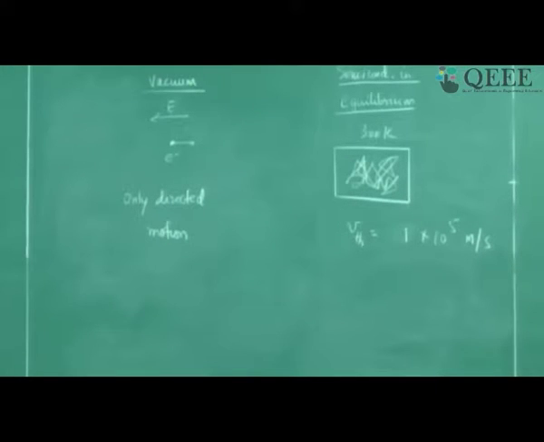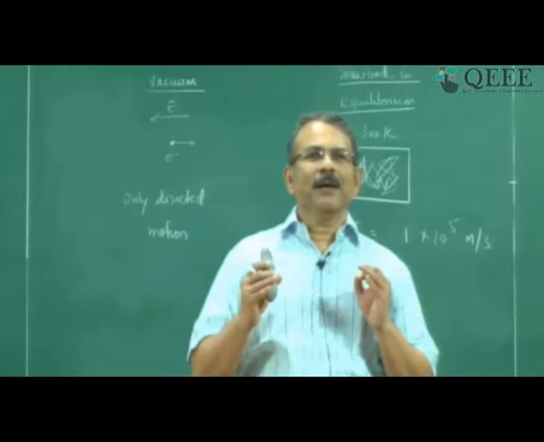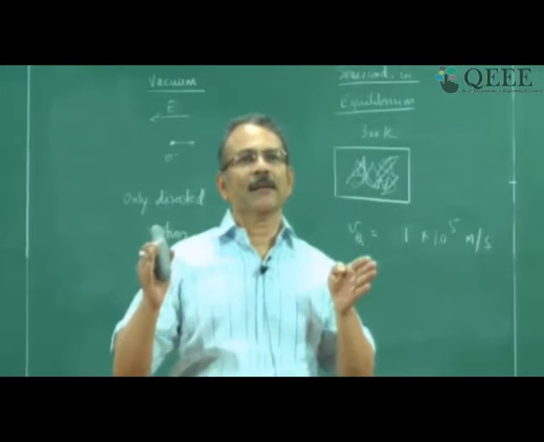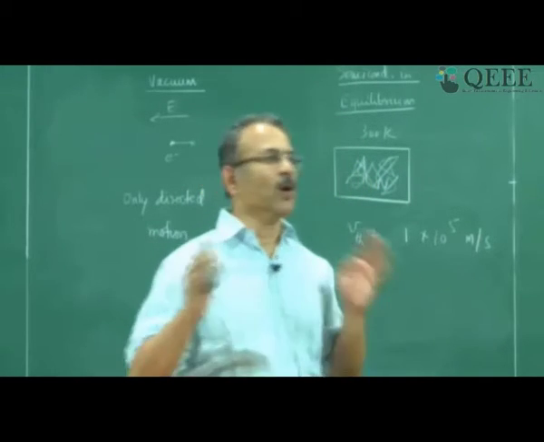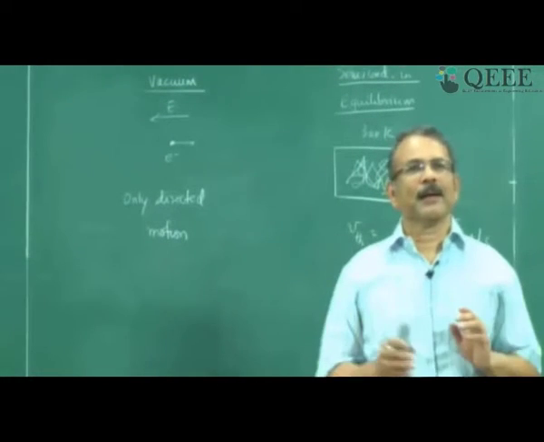Can we say that if the generation and recombination time is more, then the electrons and holes will move for that much time? Please understand, I think what you mean is the time difference between the instant at which generation occurs and the instant at which recombination occurs. That is called the lifetime, right?